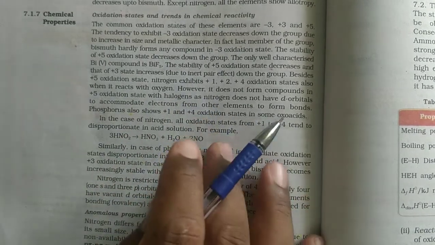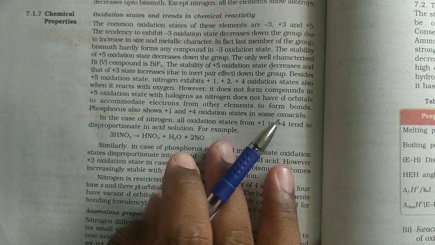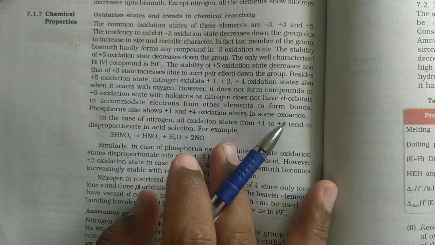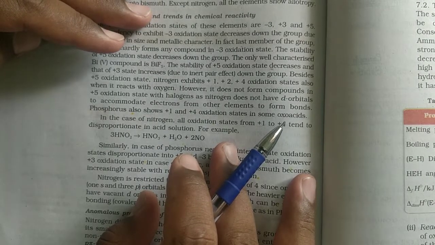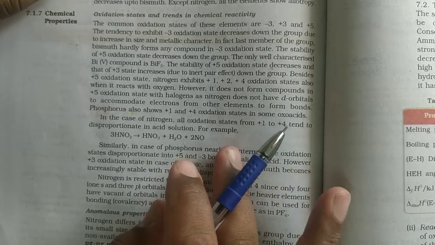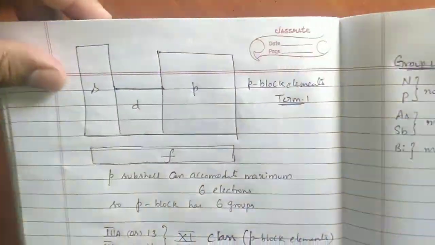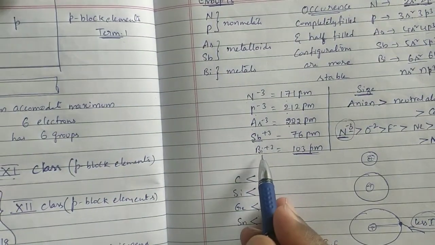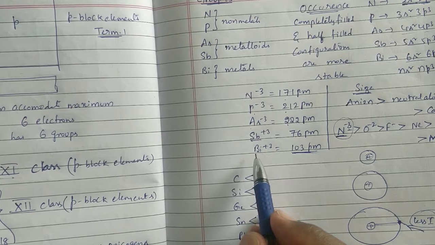Now before that, the higher starting elements nitrogen and phosphorus will show -3 oxidation state. Next, bismuth will show plus oxidation state, that is okay. In that there is a chance of bismuth to show plus 5 also.